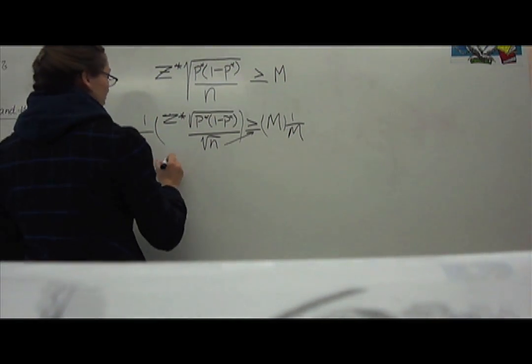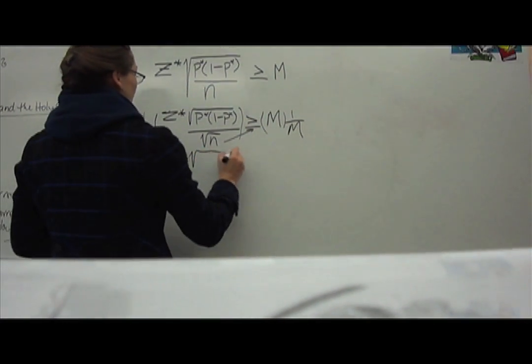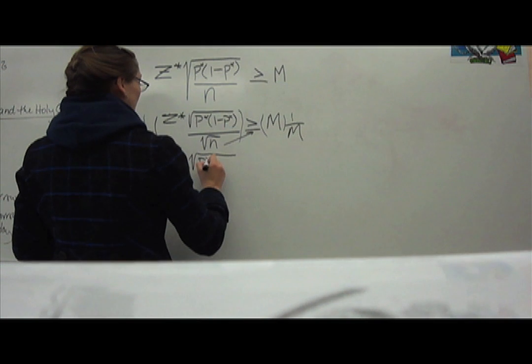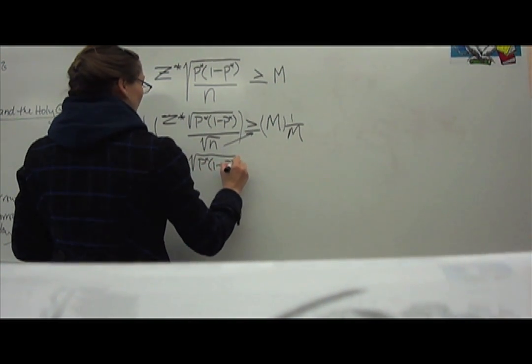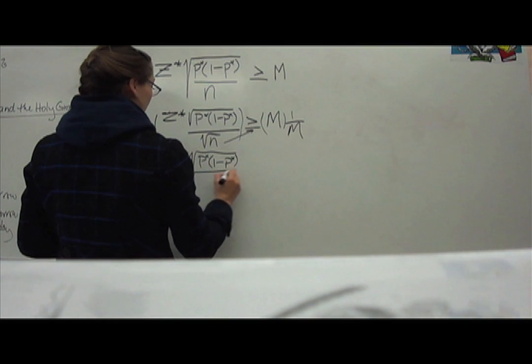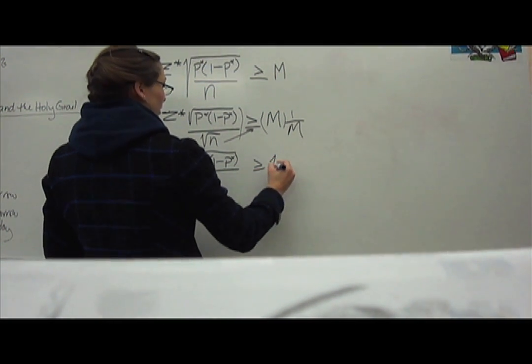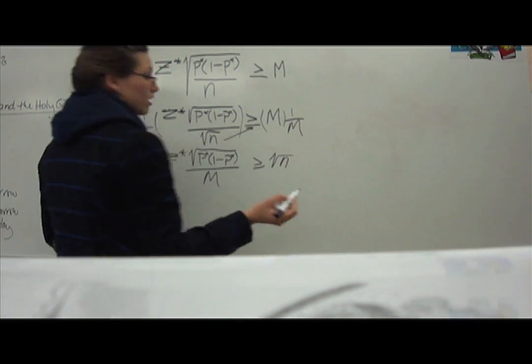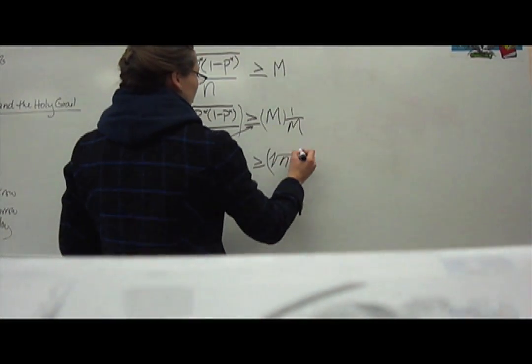And it will come to z times square root p 1 minus p over n greater than or equal to square root n. Now we must square to get rid of the square root.